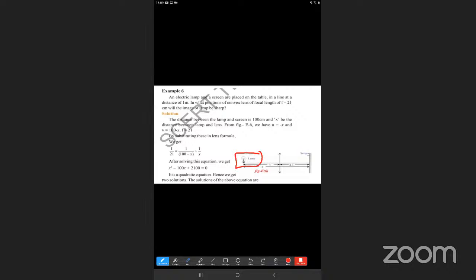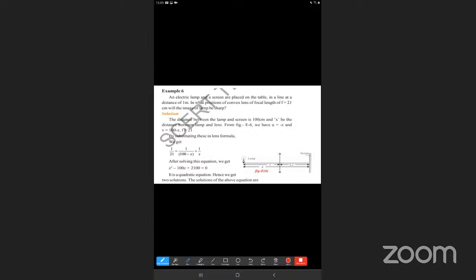So here, let us see an example. An electric lamp and a screen are placed on a table, in a line at a distance of 1 meter.